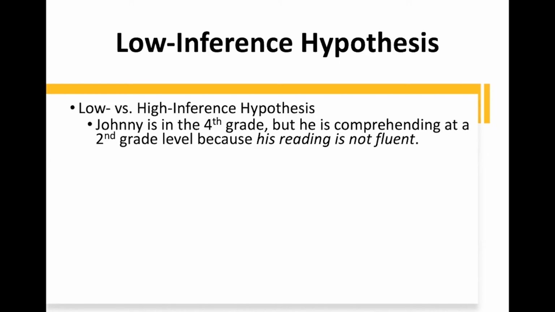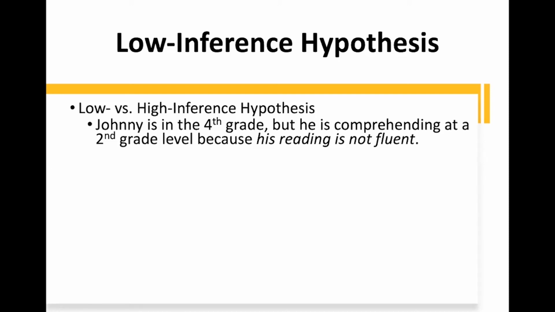Is not reading fluently a high inference or a low inference hypothesis? It is low inference. Fluency is directly linked to comprehension. So what would our intervention be? Improving Johnny's reading fluency. When we improve Johnny's reading fluency, his comprehension should go up.